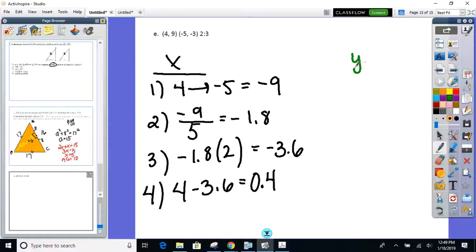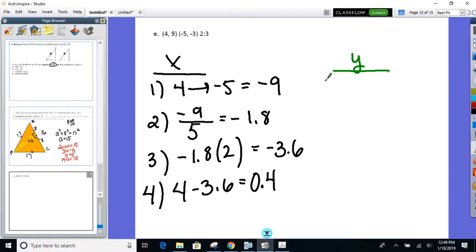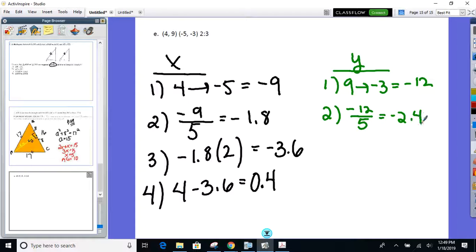Now let's go to the Y coordinate. I start at 9 and go to -3. How many units? Down 12, right? So -12. Divide that by 5. -2.4.